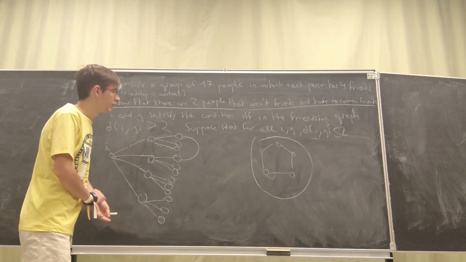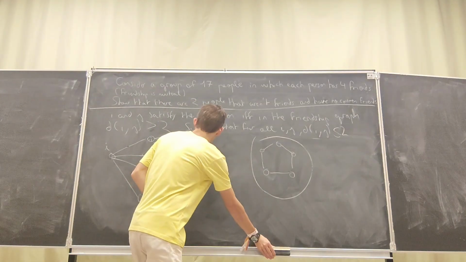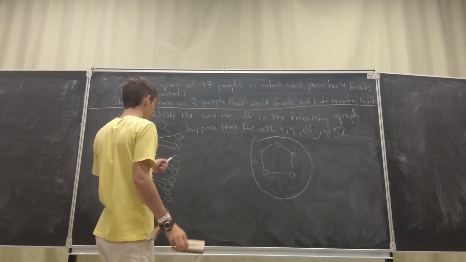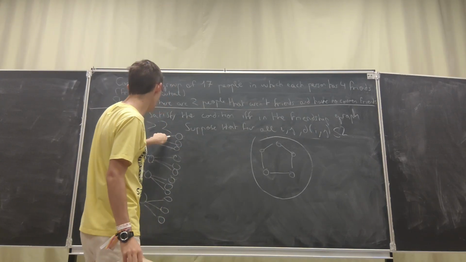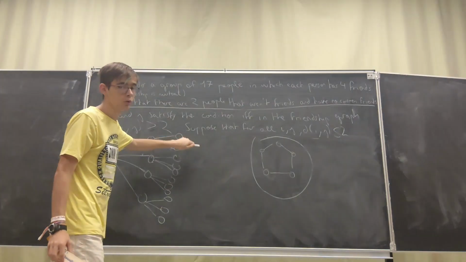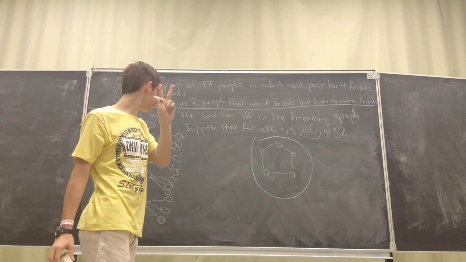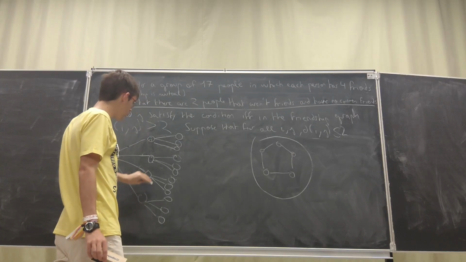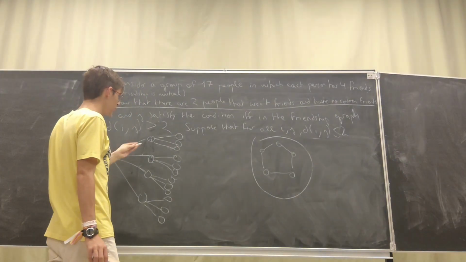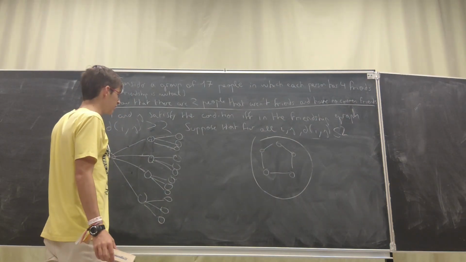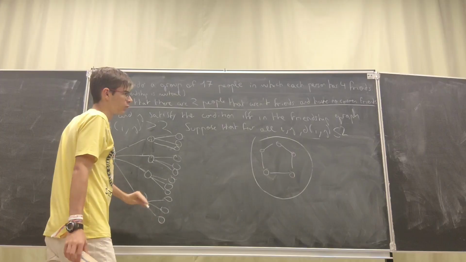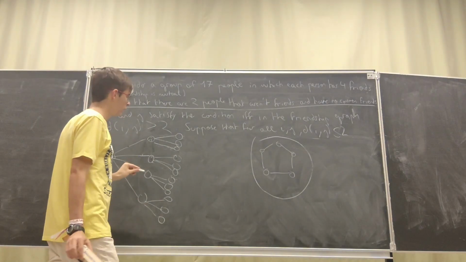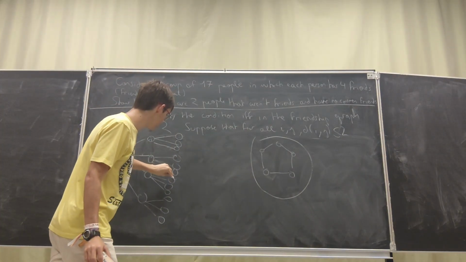In fact, I mean, they must exist, because when you look at this guy, for now he is only friends with him, so we know that he's friends with 3 other people. And well, he cannot be friends with anyone over here because that would create a 4 cycle. He cannot be friends with this guy because that would create a 3 cycle. In any case, we've already used up all of the friendships of these guys, so of course this is impossible. So he must be friends with one of his peers over here.